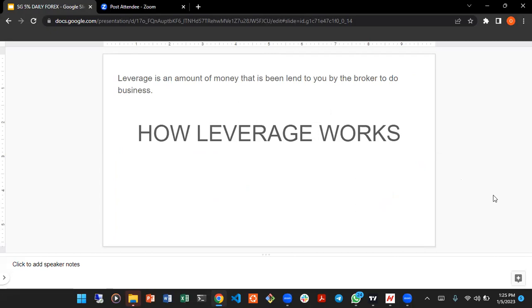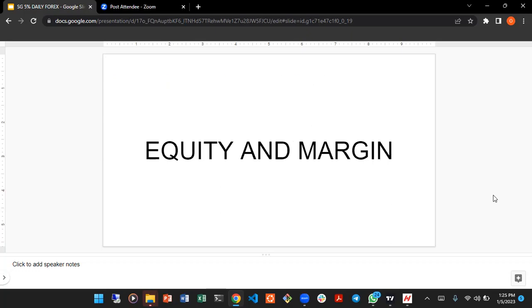We've talked about the lot size, and I said by the time you calculate, multiplying the units, 100,000 units, 10,000 units, and 1,000 units by the price you want to trade, either selling or buying, you'll notice that you don't even have enough money. So this is where leverage comes in. This leverage helps you to trade the forex market with higher capital.